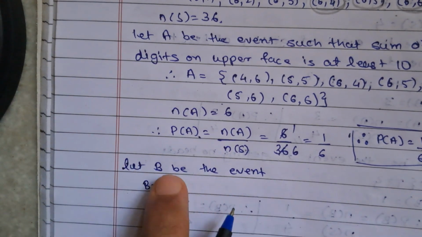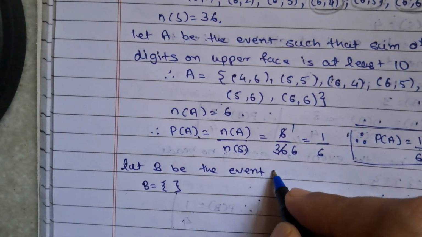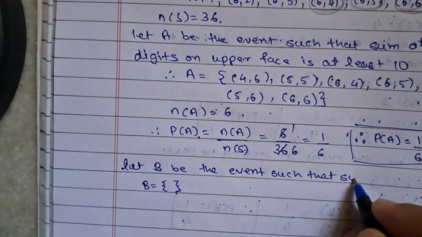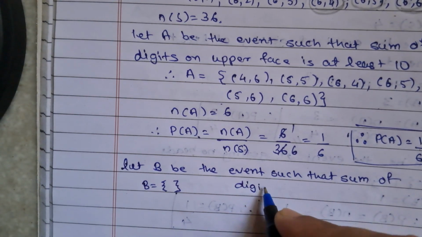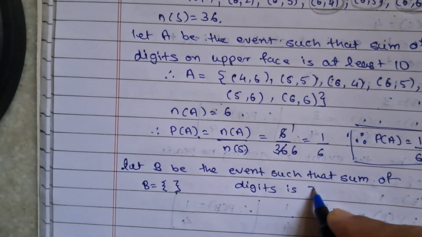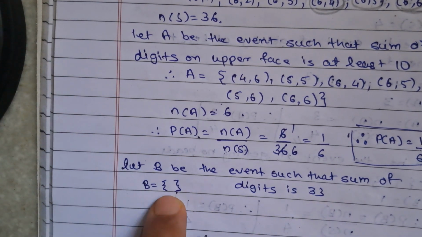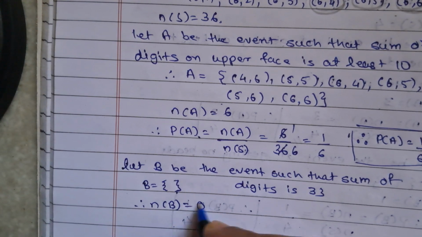But let's complete this. Let B be the event such that the sum of digits is 33. Considering we cannot get such a pair, it will be empty. So therefore n of B will be 0.